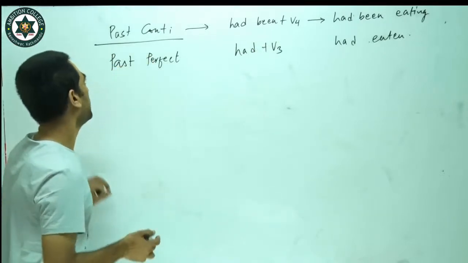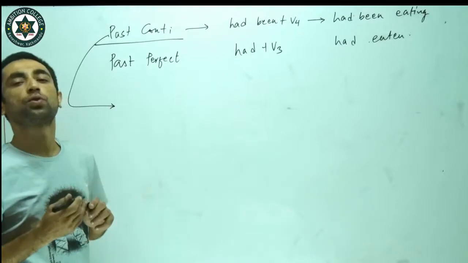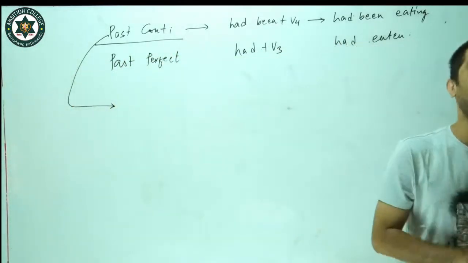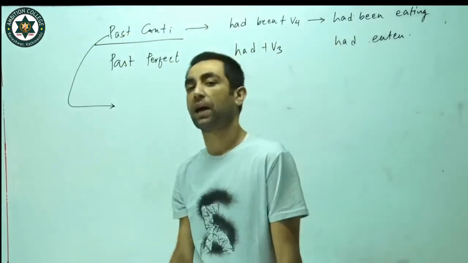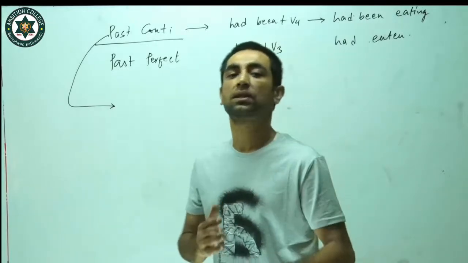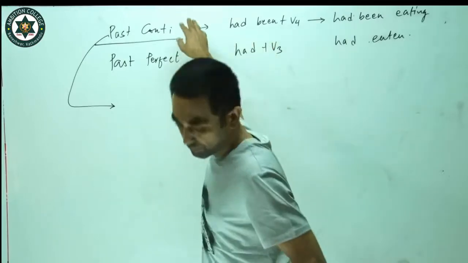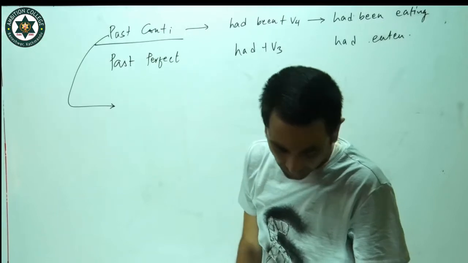For example, past continuous is used to talk about the event that had not completed in the past moment of time. We talk about the events that were going on with the help of past continuous tense.